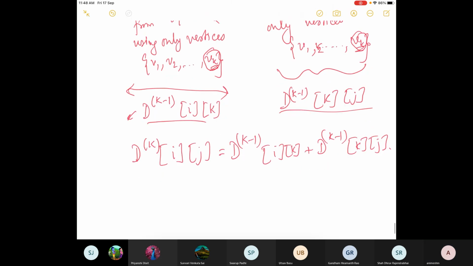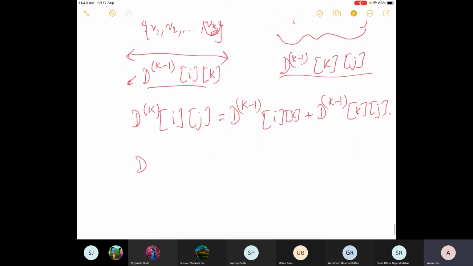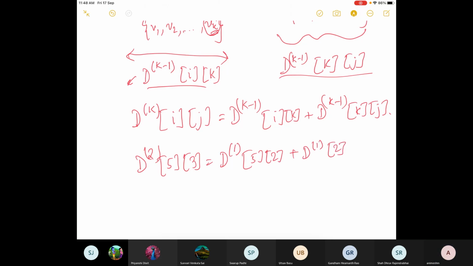For instance, if we need to compute d2 5 3, then we can do it by computing d1 5 2 plus d1 2 3, and you can verify this yourself. This will be 4 plus 3, that is 7.